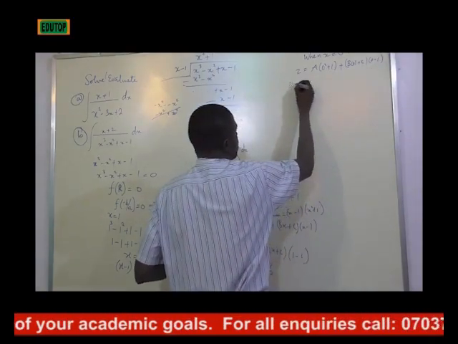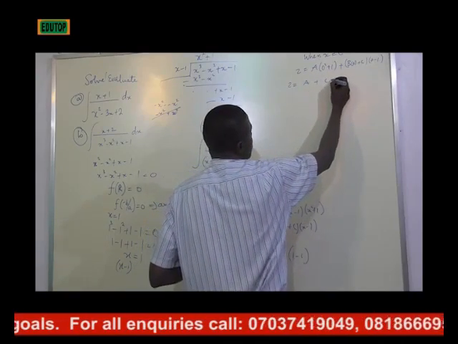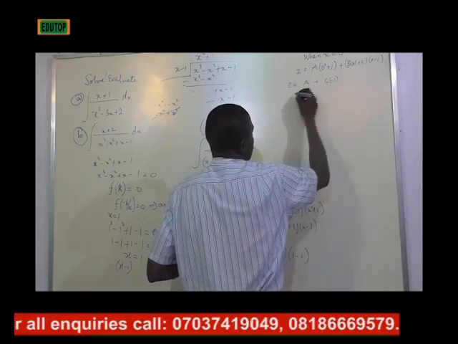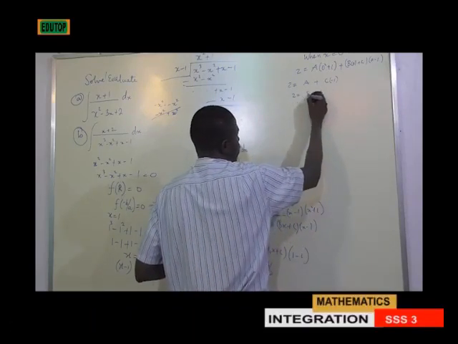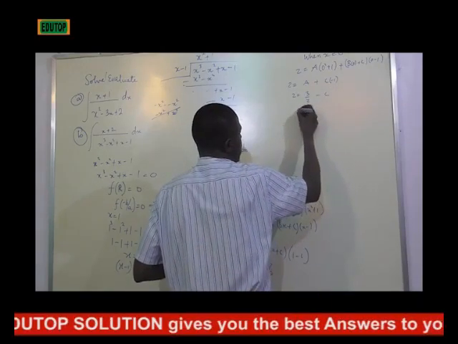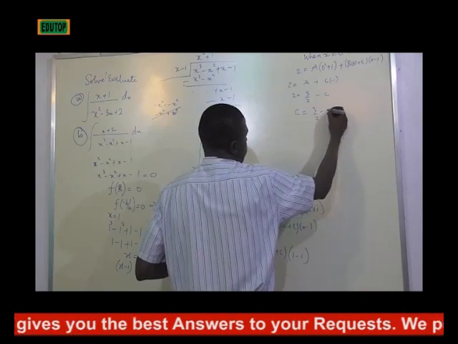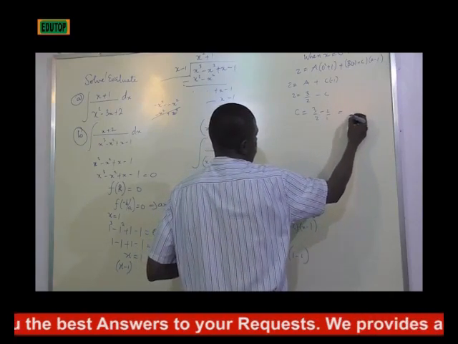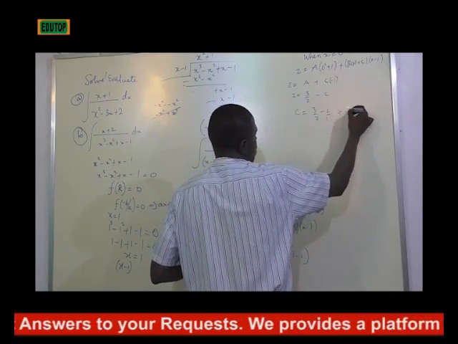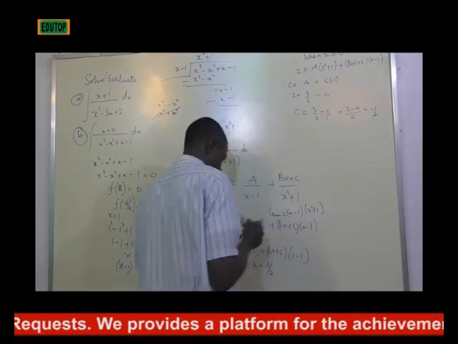So this one will be 2 equals A plus C, all times minus 1. So that will be 2 equals minus A minus C, with A being 3 over 2. So my C will now be 3 over 2 minus 2. And that will give us what? LCM is 2, 3 minus 4, and that will be minus 1 over 2. That's my C.